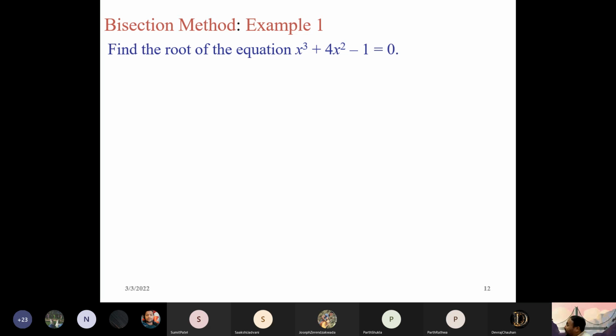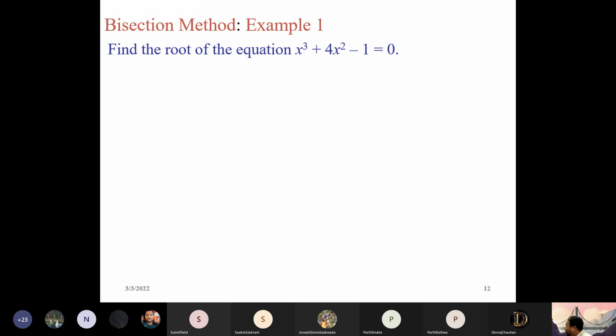Now, somebody asking, what is the disadvantage of this method? The numerical methods can give only 1 root at 1 time. Right? The numerical methods here, bisection method, Newton-Raphson, false position, whatever it is, will give 1 root out of 3 at 1 time.